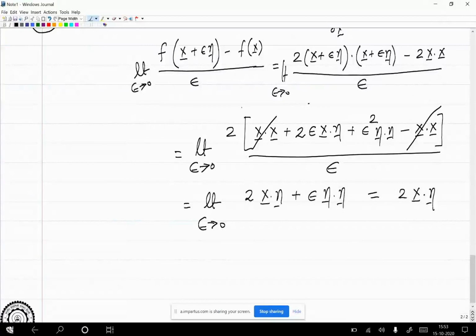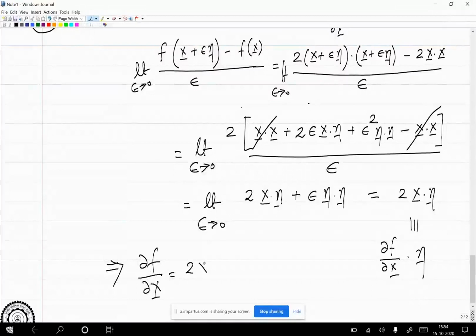Okay, so this is the left hand side, and we have to equate it with del f by del x dot with eta. So can you now see what is del f by del x? Anyone? 2x. 2x, right? So del f by del x is 2x. This is what I said. How to get del f by del x?